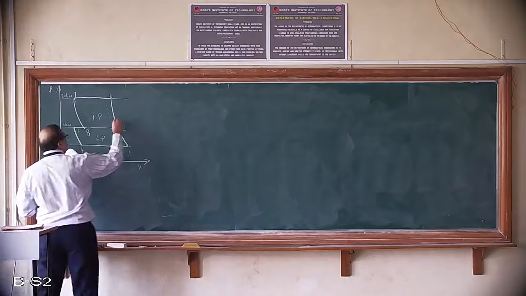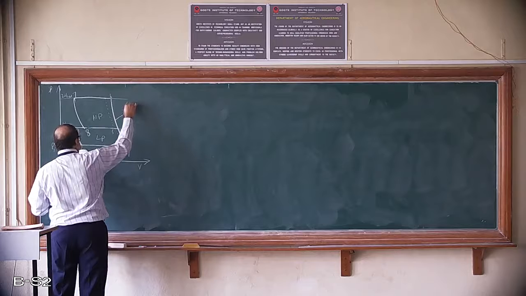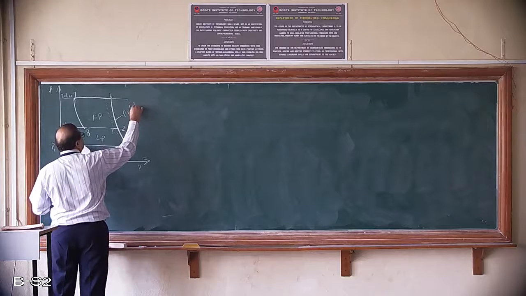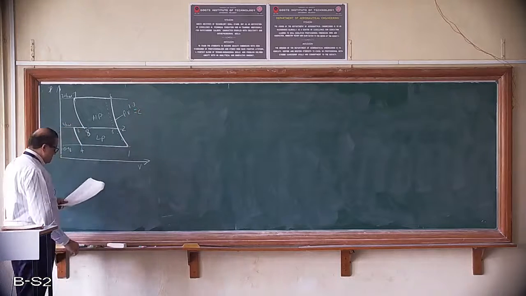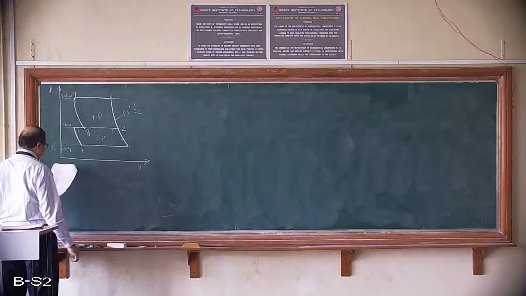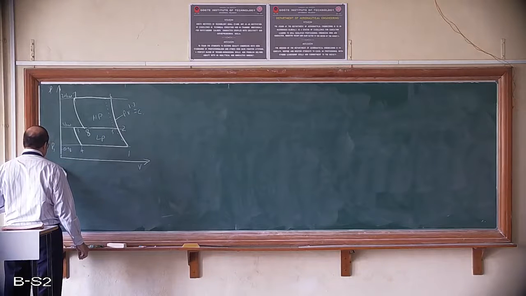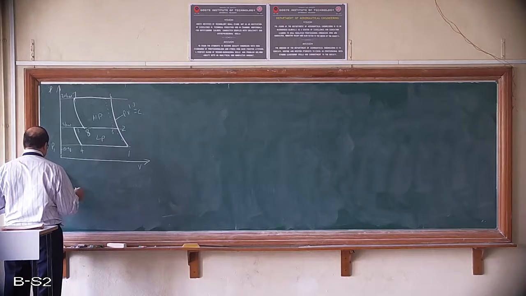What is given? PV to the power of 1.3 is equal to constant. Then next, what is given?